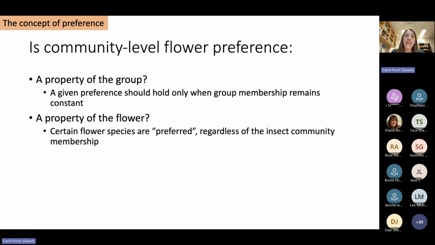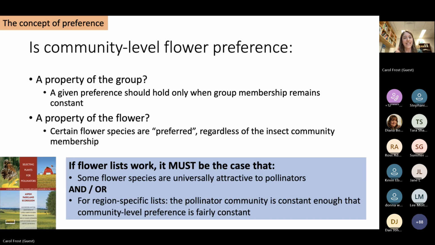And you would think that because flowers benefit evolutionarily from being visited by insects, they would become adapted to be as attractive as possible, and probably to as many species as possible. So we can think of reasons why that should be the case as well. Now, if flower lists for pollinators work, it must be the case that some flower species are universally attractive to pollinators, because otherwise, what's the point of putting flowers on a list?